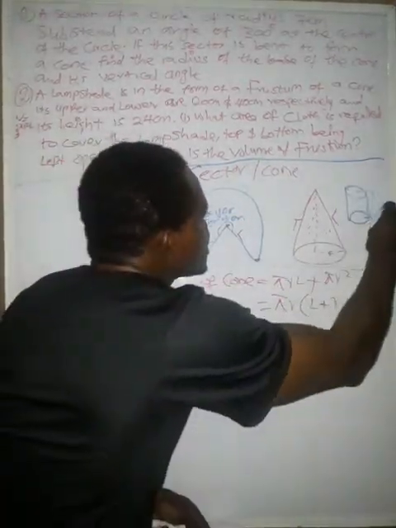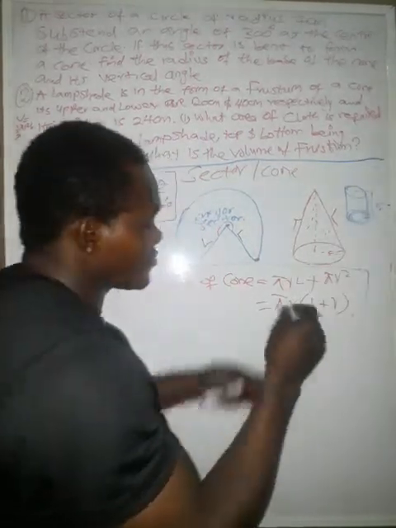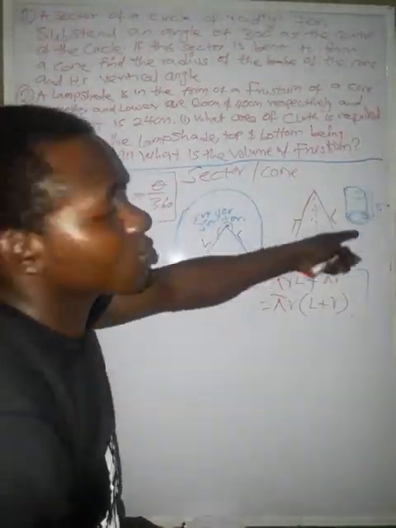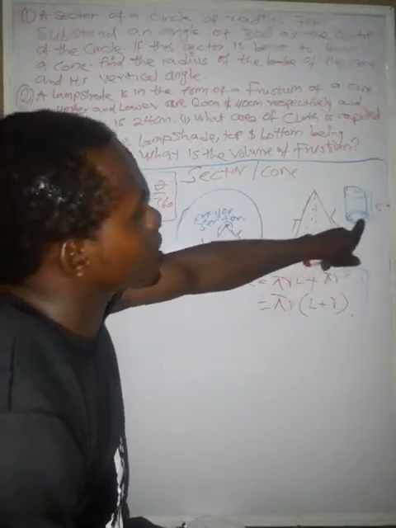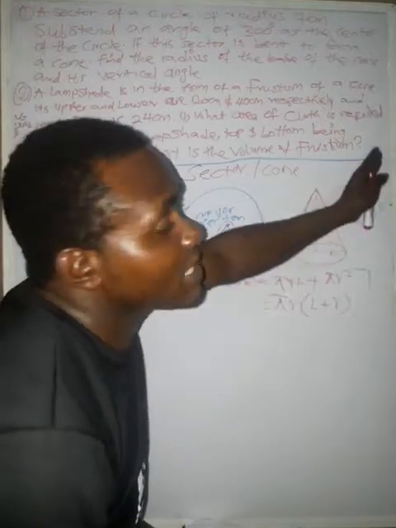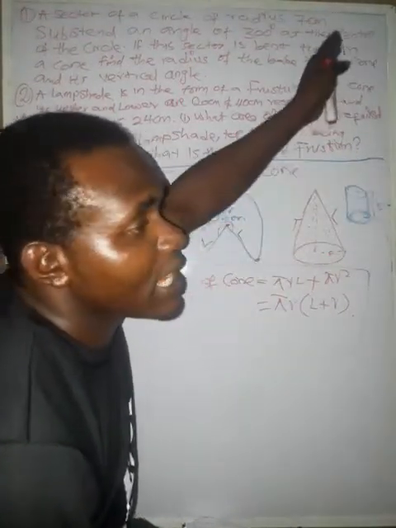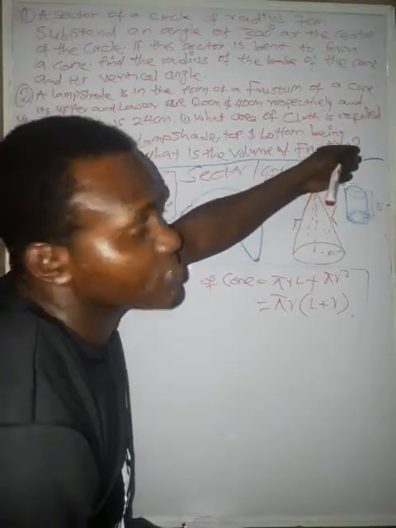If it is x, then what is the volume? For me to know the volume of this shape, I first of all find the area of the base, then multiply by the height, the area of the base multiplied by how long the object is.